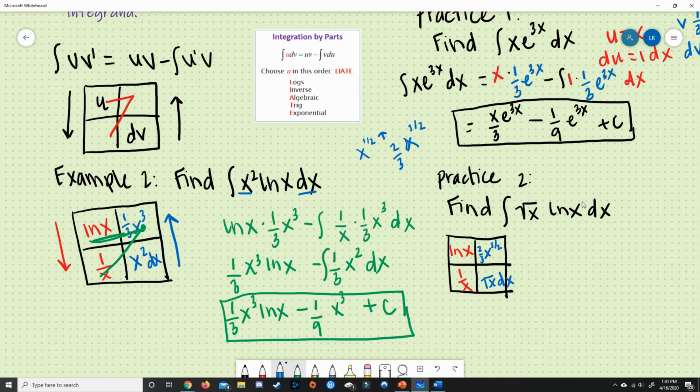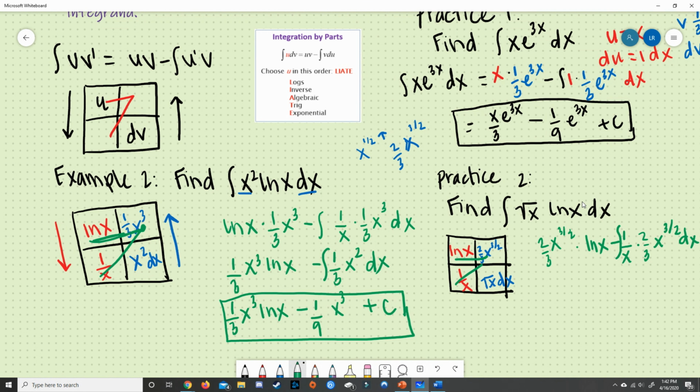Okay, so now I can go this way. And so I'm going to have 2/3 x to the 3/2 times ln of x minus 1 over x times 2/3 x to the 3/2. And of course, that's going to be the integral of that.